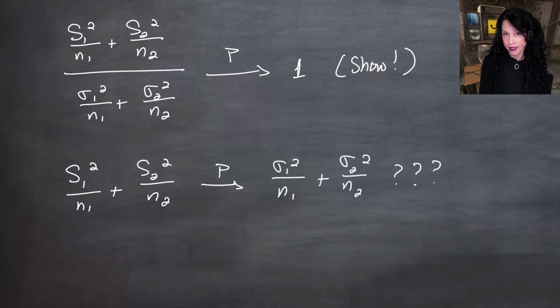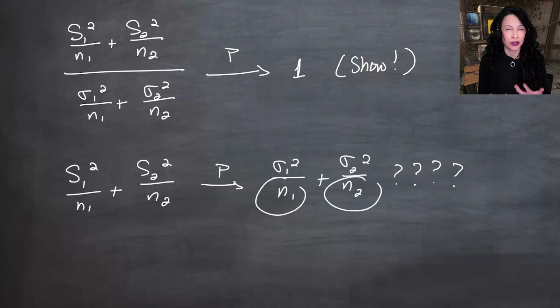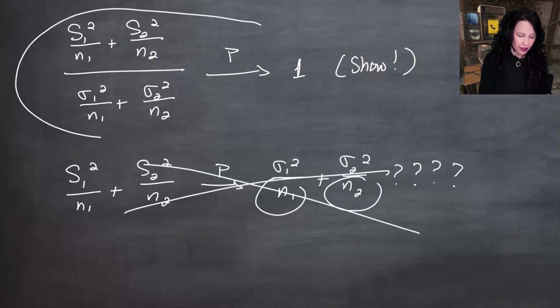That just doesn't make sense at all, because this is a convergence as the sample sizes get large. So you can't have these n's on the right-hand side because they're going off to infinity in that arrow. So you definitely can't do this, so I would stick with this.